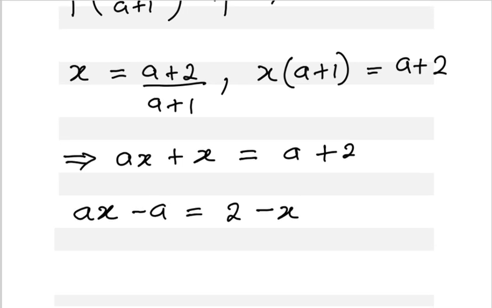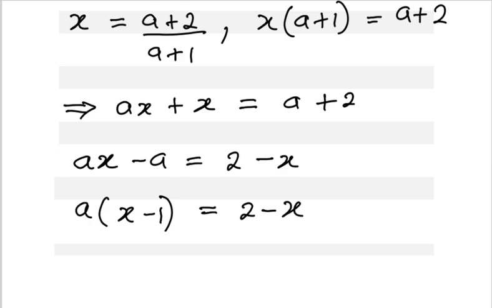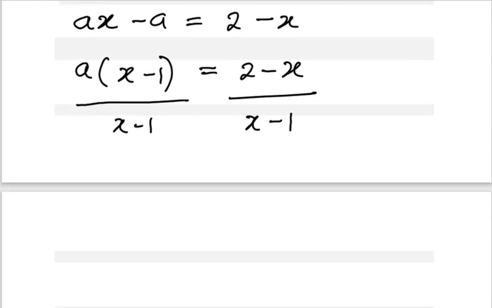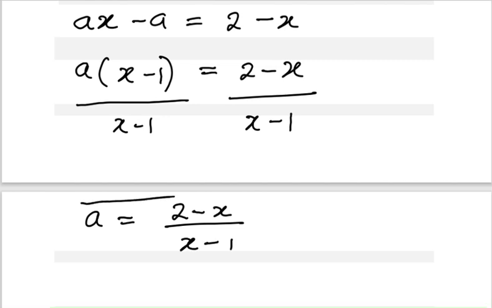And we can factor out a here. We have a times x minus 1 is equal to 2 minus x. Here we can divide both sides by x minus 1. Therefore, our a is simply 2 minus x over x minus 1. And we found our a in terms of x.